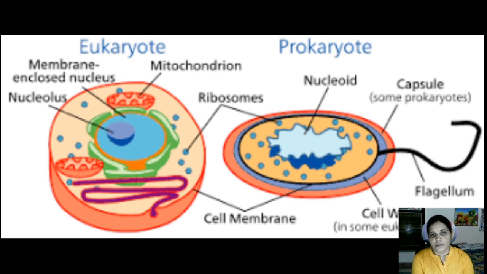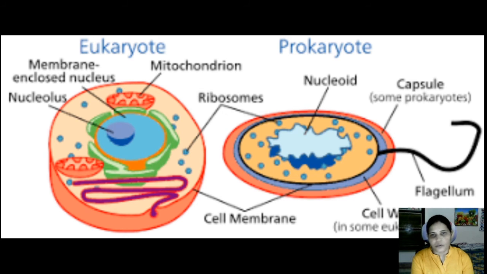There is no nuclear membrane present outside this, so it cannot be called a true nucleus. It is a false nucleus, so it is called nucleoid. Other than the nucleoid, there are some minute particles present, ribosomes. These ribosomes take part in protein synthesis. And then you can see a long extension, it is called flagellum.